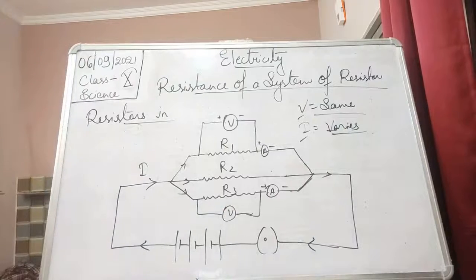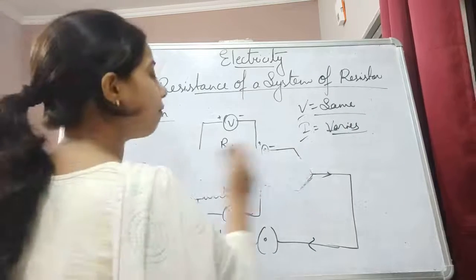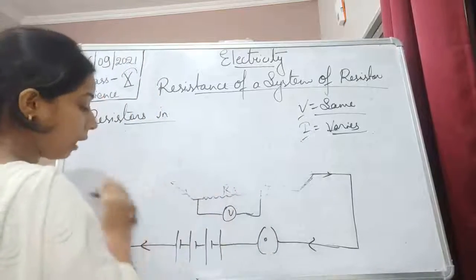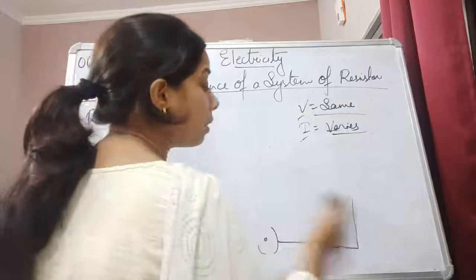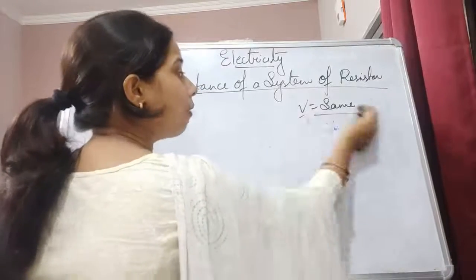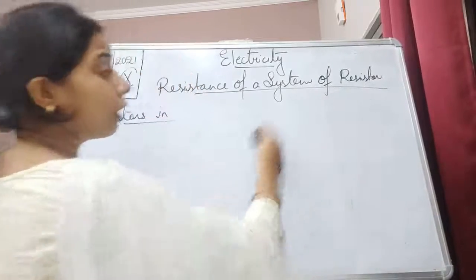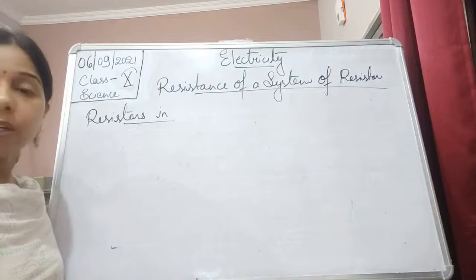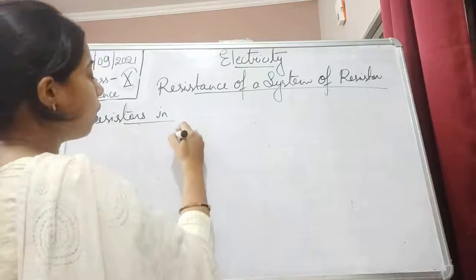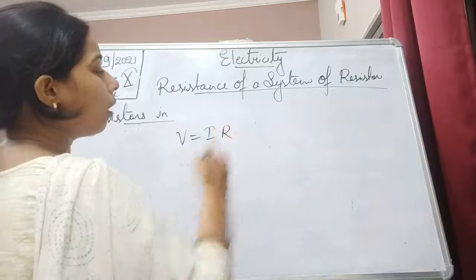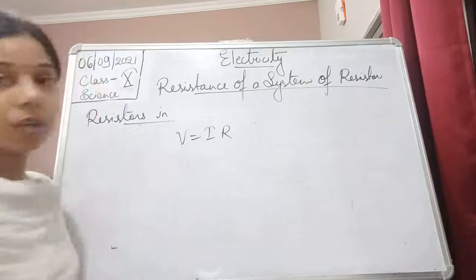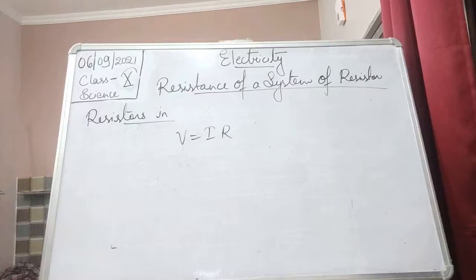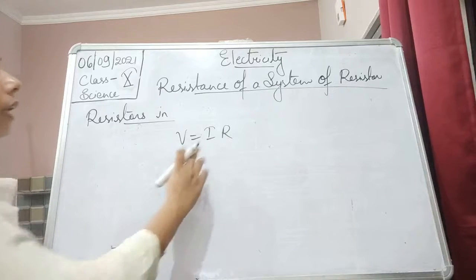Now let us see what kind of relation we can find when the current flowing through each of the resistors is different, as they are arranged in parallel to each other. Now see here, we know that V is equal to IR. Here the voltage will remain the same, students, and the current differs.